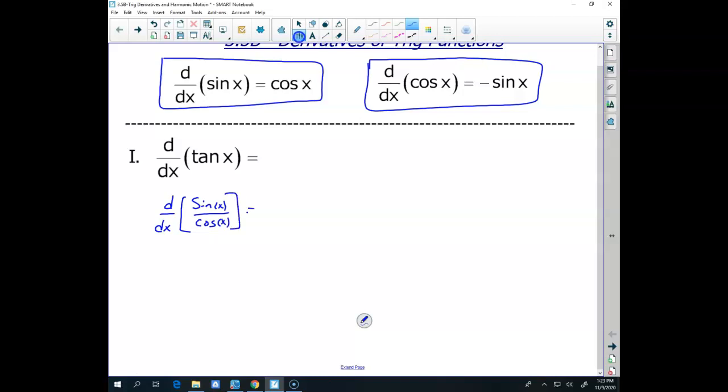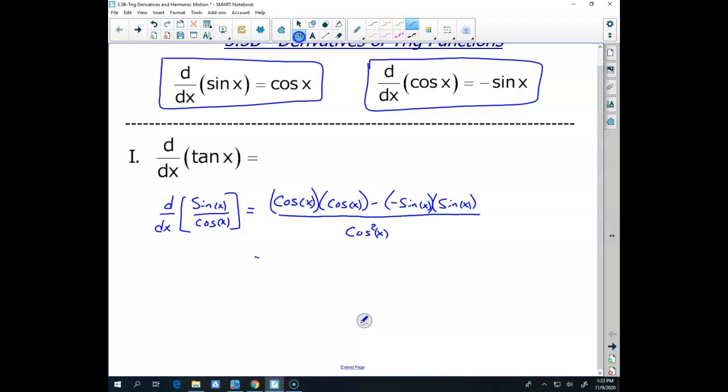So that's the quotient rule, which is going to be the derivative of the top, derivative of sine is cosine, times the bottom, which is cosine, minus the derivative of the bottom, which is a negative sine x, times the top, which is a sine x, all over the bottom squared.